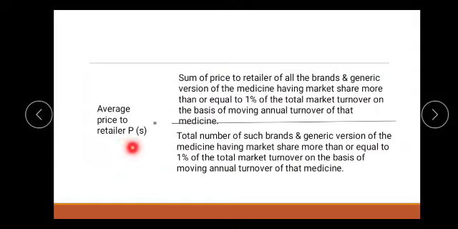Average price to retailer PS is equal to the sum of price to retailer of all the brands and generic versions of the medicines having market share more than or equal to 1% of the total market turnover on the basis of moving annual turnover of that medicine, divided by the total number of such brands and generic versions of the medicines having market share more than or equal to 1% of the total market turnover on the basis of moving annual turnover of that medicine.